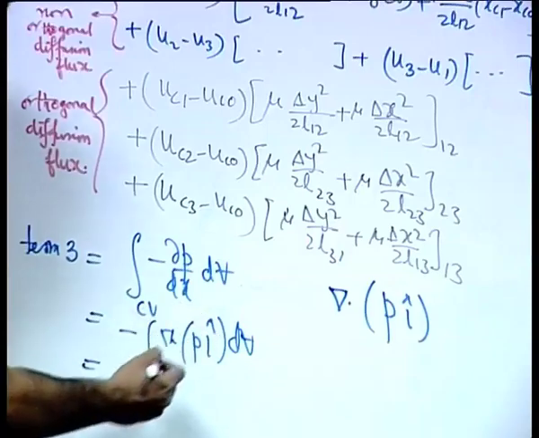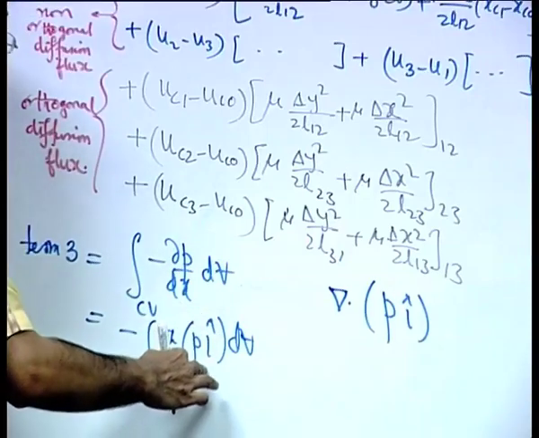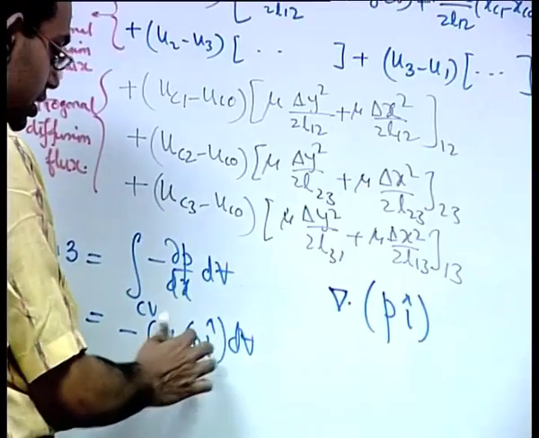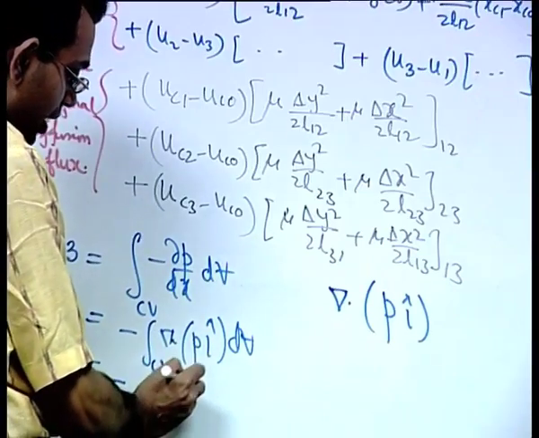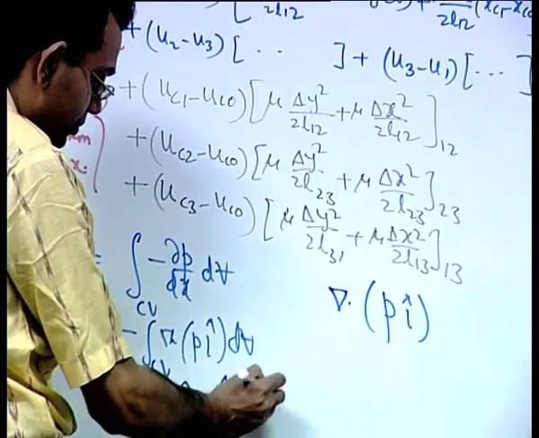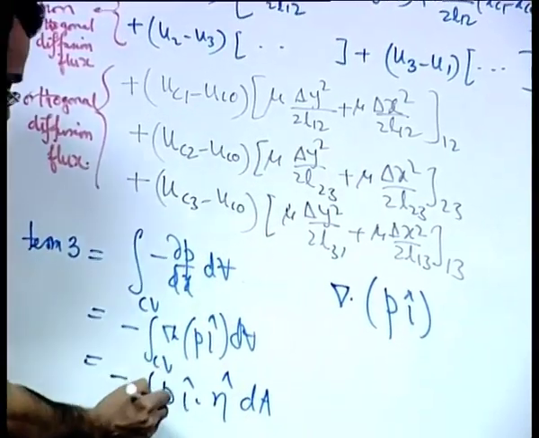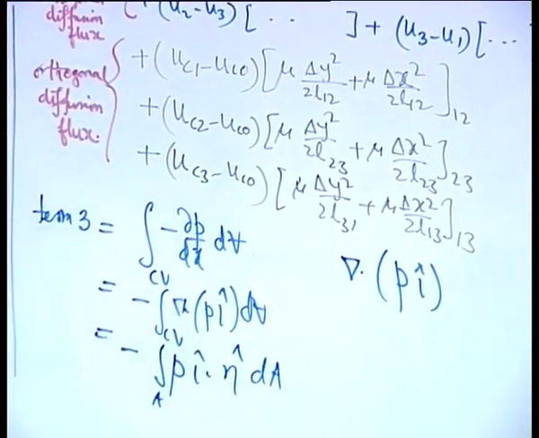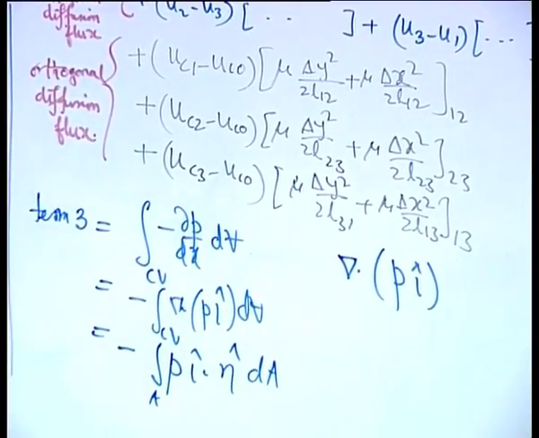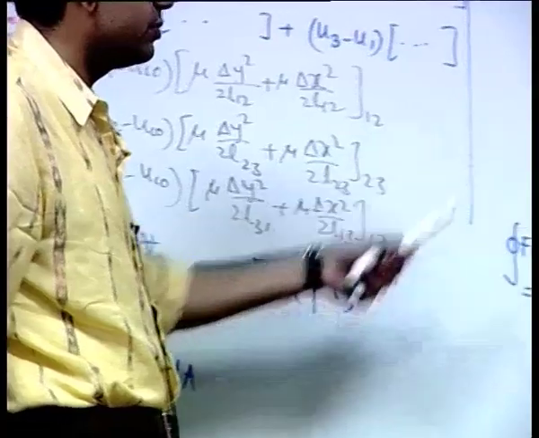And for this we can write it in terms of the corresponding area integral. So minus of Pi dot eta dA. I dot eta is cos theta.